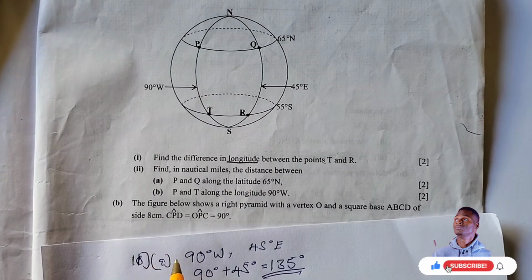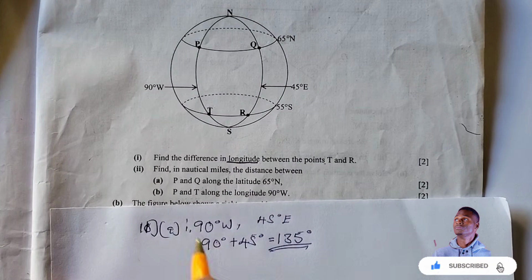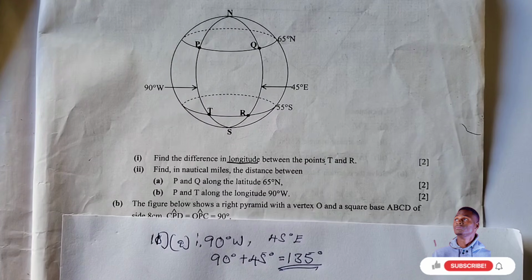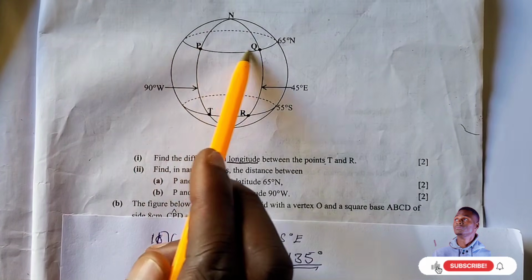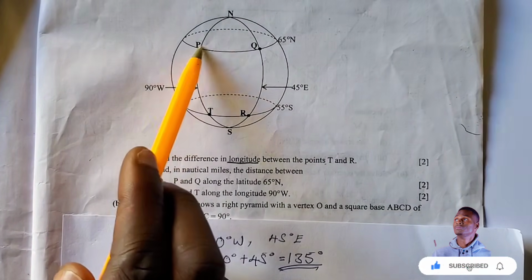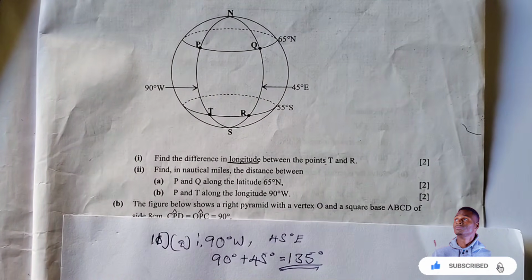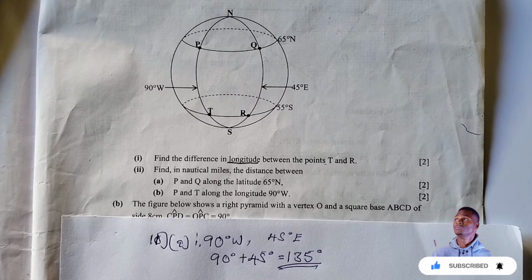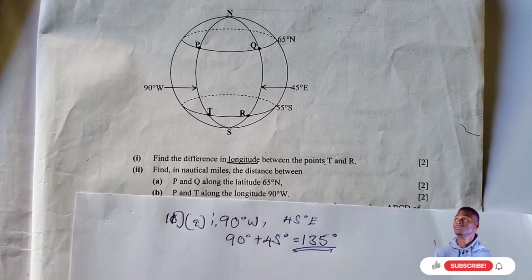Then question 2: find in nautical miles the distance between P and Q. This is the circle of latitude, so the distance is along the line of latitude. What is the formula for calculating the distance along the line of latitude?